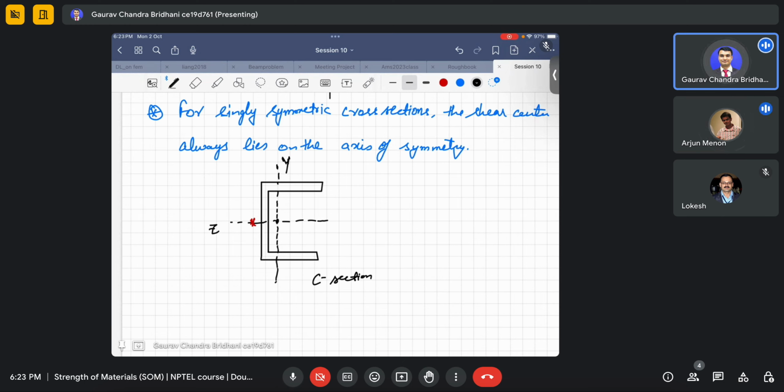Yeah, this point is not the shear center. This is the centroid. Yes. This one, the web.